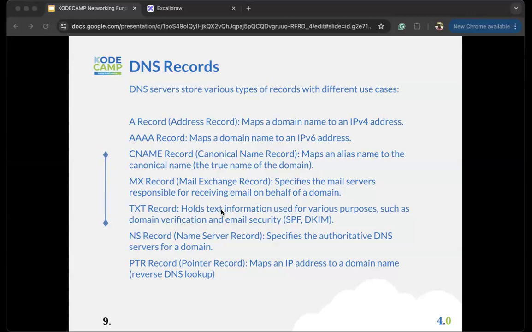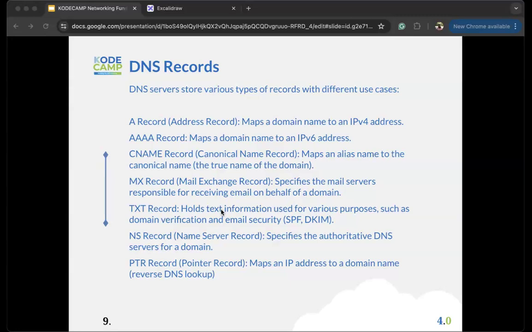So when you go to www.example.com, you will still get the same response as when you go to example.com, for instance. You also have an MX record, which is used for mail exchange and specifies the mail server responsible for receiving mails on behalf of the domain, if you have a mailing server within your network. There's also the TXT record, which just stores text that can be used for verification, security and things like that.